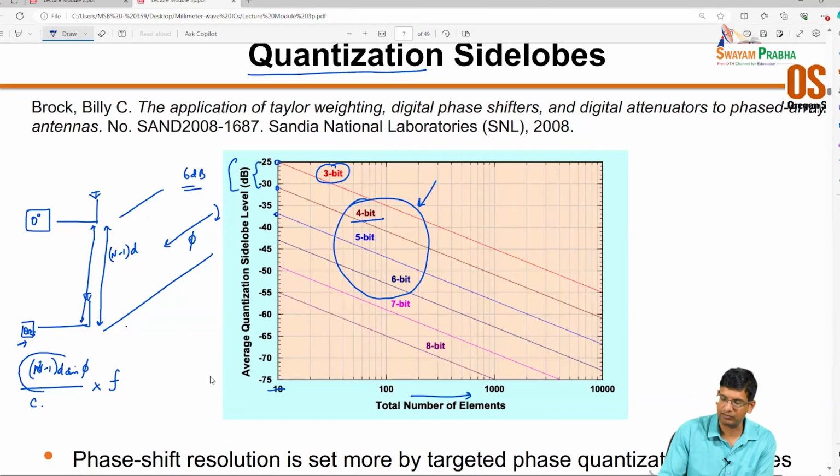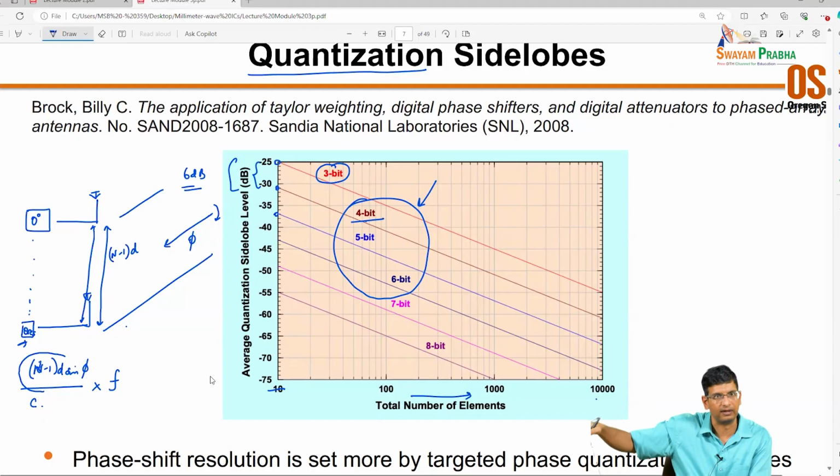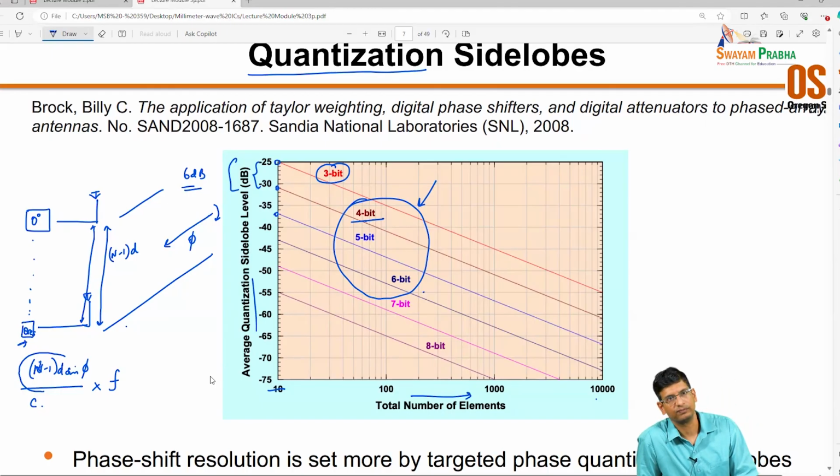So this is why when your number of elements increases, your resolution of beam pointing increases, and then since now there are more elements in the array, the quantization noise is distributed across the array, right? So as a result of that, you'll basically get side lobe patterns that go down, and so you'll be able to get lower quantization side lobes for the same phase resolution.